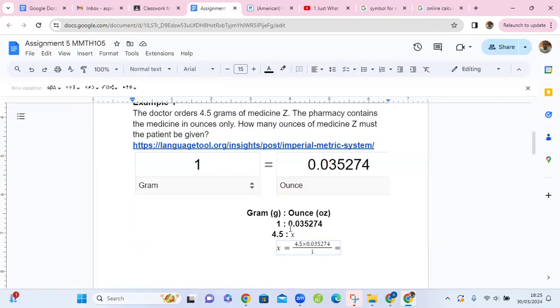No grams, ounces, because the question asked how many ounces. So how many ounces of medicine Z must the patient be given? 0.158733 ounces of medicine Z.